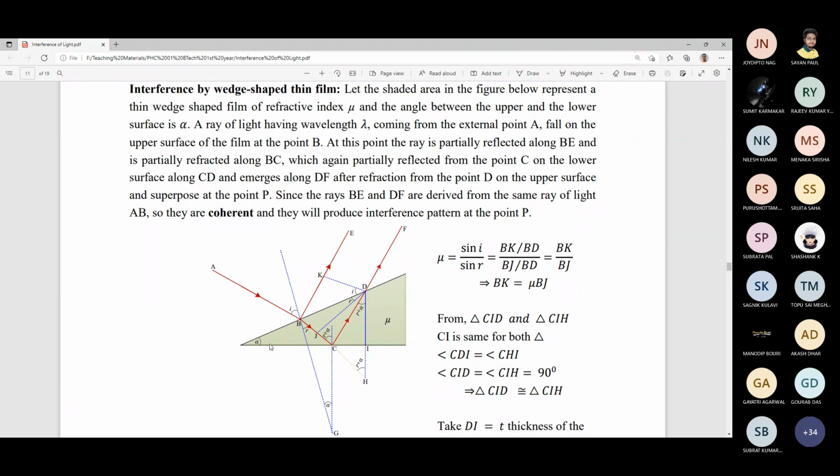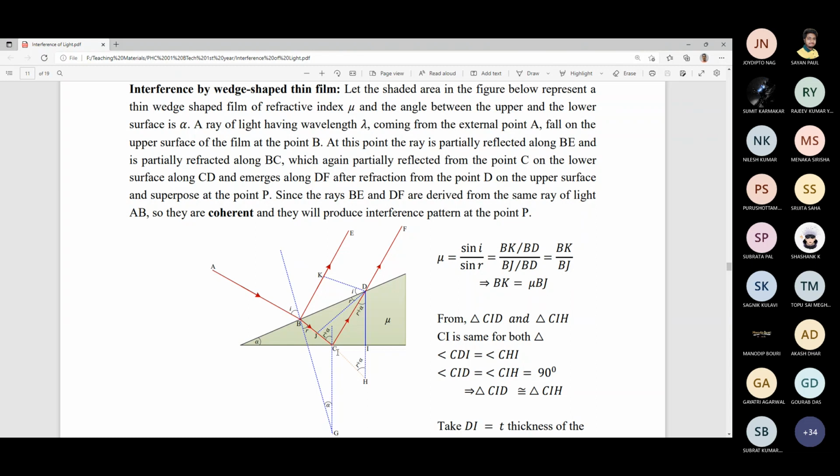Now, like previous, we consider an incident beam. Then at this surface, there is a reflected beam and one transmitted beam. And from this surface, it is reflected and some part is also transmitted. So we are considering the reflected beam. If we unite these two reflected beams, then we can observe the interference pattern.